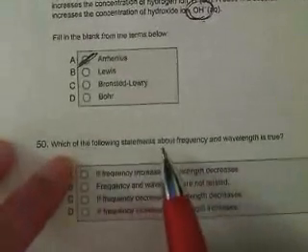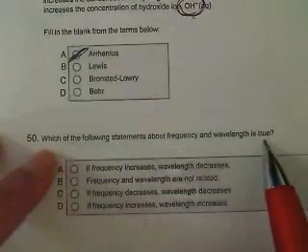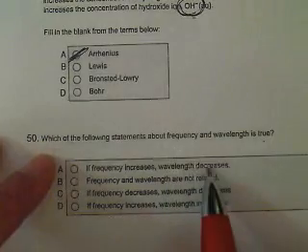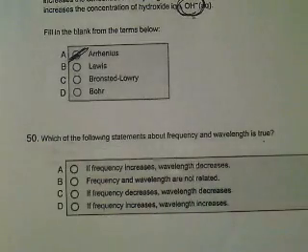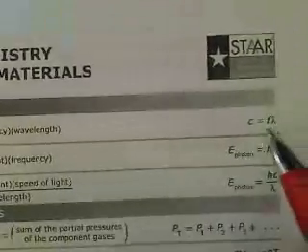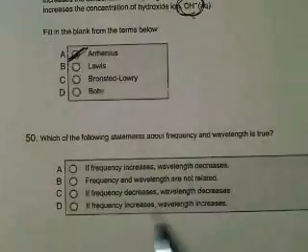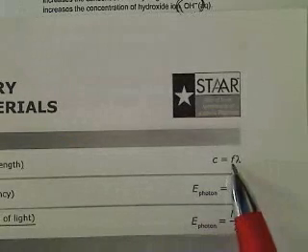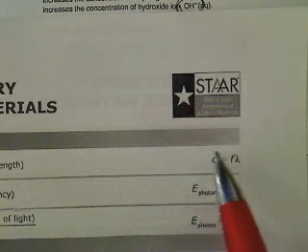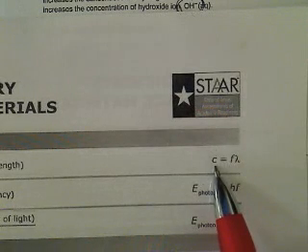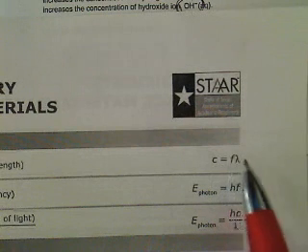All right, which of the following statements about frequency and wavelength are true? Let's look back at our equation here. Here's frequency and here's wavelength, okay? So what this is saying is if frequency increases, wavelength decreases. Does that make sense? Because if I make this bigger, this value is the same and can't change, so I have to make this smaller, okay?